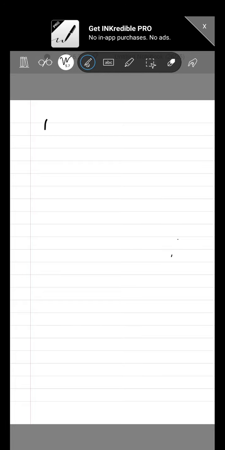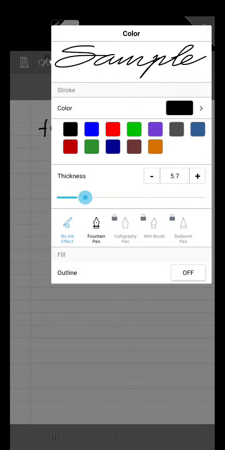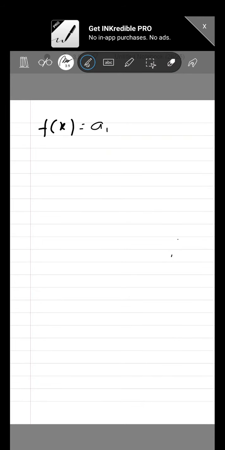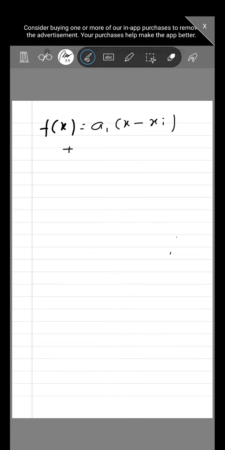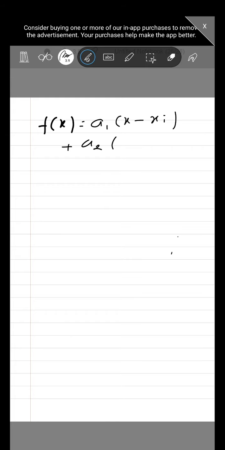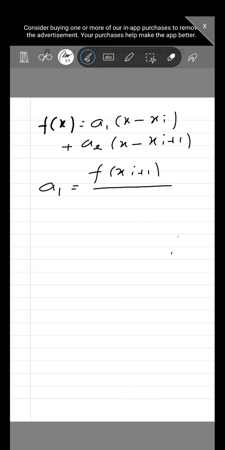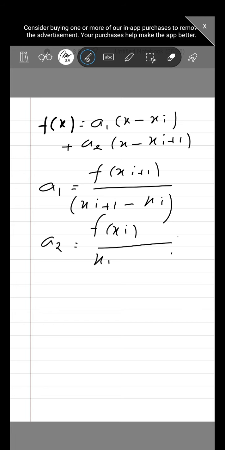In this case, the function f(x) is equal to a1 (x minus x(i+1)) plus a2 (x minus xi), where a1 is equal to f(xi) divided by xi minus x(i+1), and a2 is equal to f(x(i+1)) divided by x(i+1) minus xi.